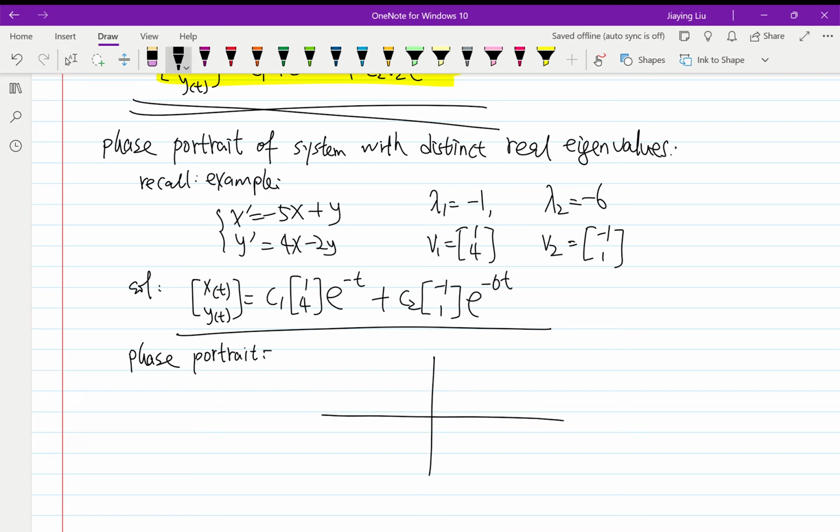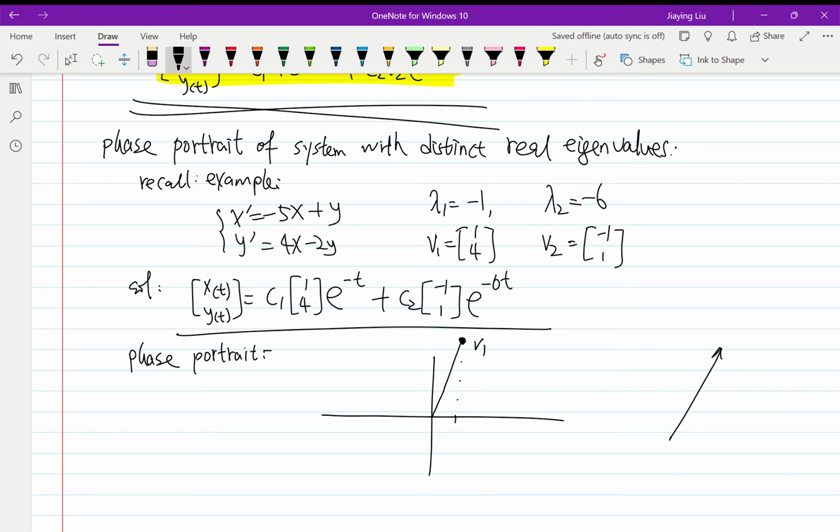To plot it, I always plot the vectors first, and then I use the eigenvalue to tell me the direction along those vectors. For example, I'm going to plot (1, 4) first. So v1 is x equals 1, y equals 4. Normally when we plot a vector, we draw an arrow at the end.